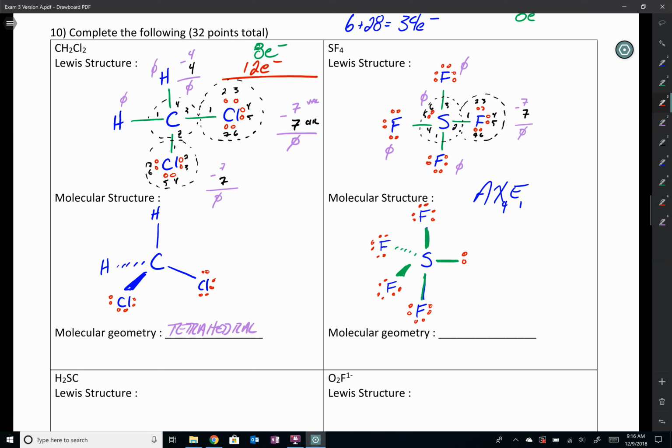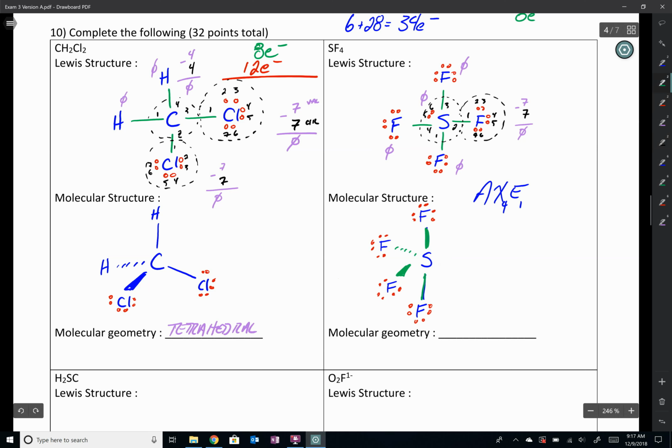Now, as a quick point, you'll see some people draw it like this, and you'll see some people draw it like this, where you put the lone pair directly next to the sulfur. Technically, this way is more correct to put it here in this fashion. It doesn't really matter to me whichever way you guys want to do it for now.